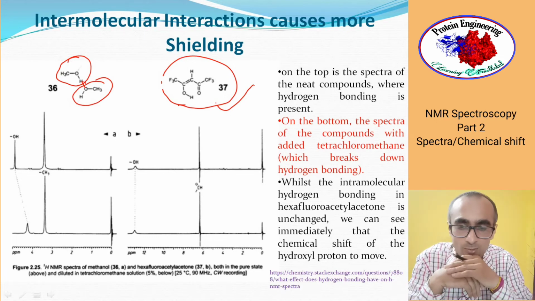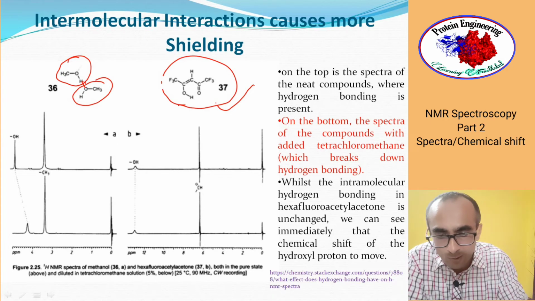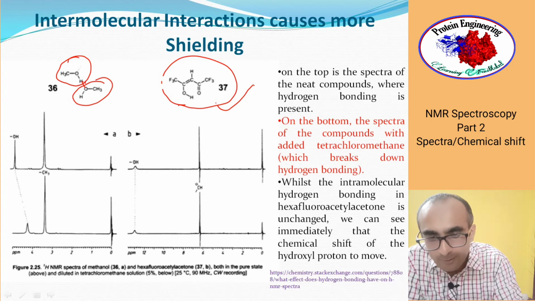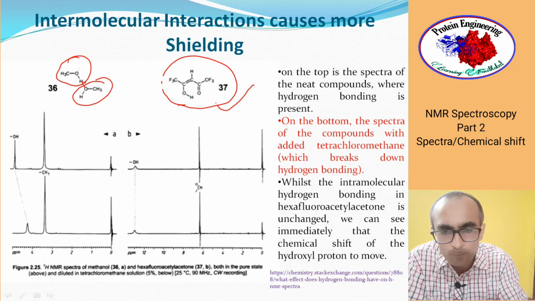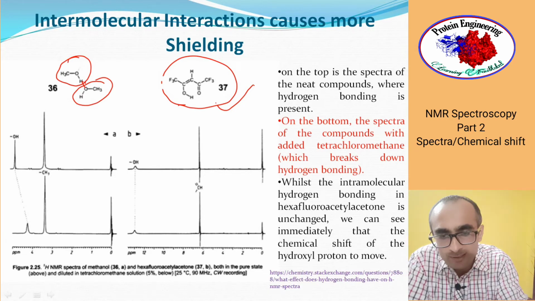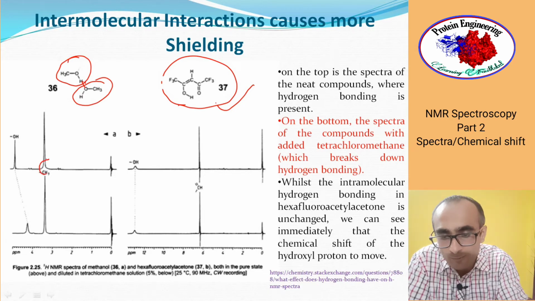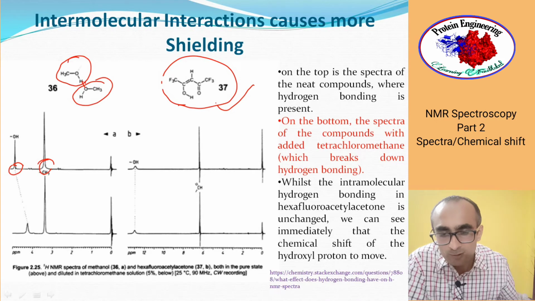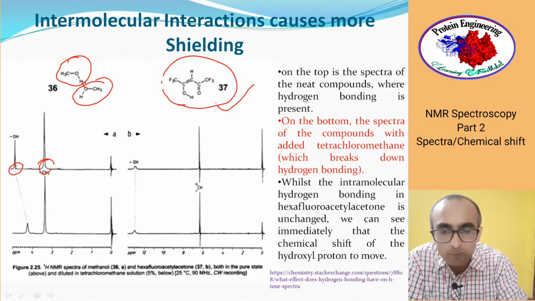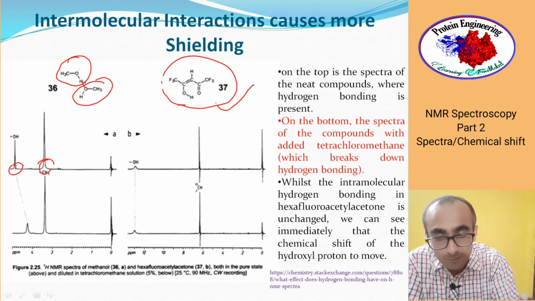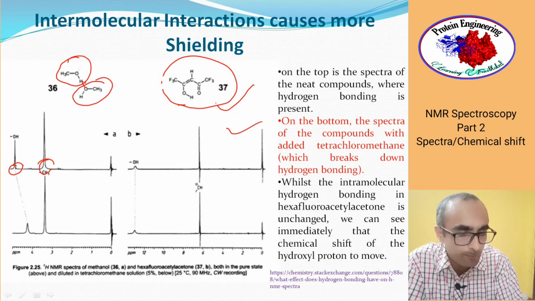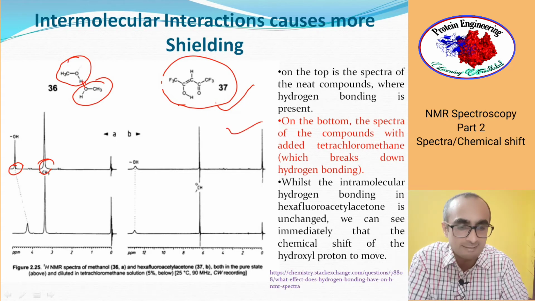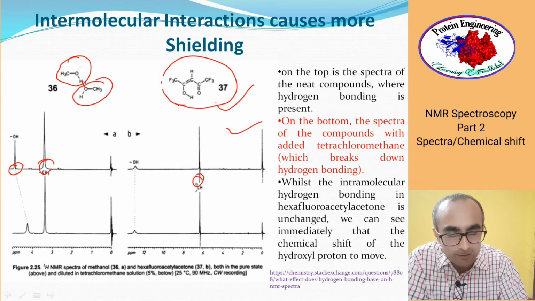So you see, when CCl4 is not added, two peaks come for methanol naturally, one peak from the CH3 protons, and another peak from the proton of the OH group. So this is the normal state when the molecules are hydrogen bonded. Similarly, in the case of hexafluoroacetylacetone, you get a peak here like this.